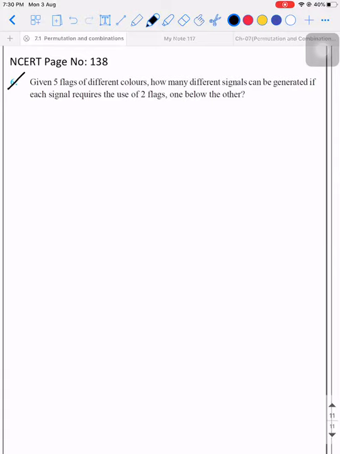Next. Given 5 flags of different colors, how many different signals can be generated if each signal requires the use of 2 flags, one below the other? Obviously, no repetition. You cannot use 2 of the same color.